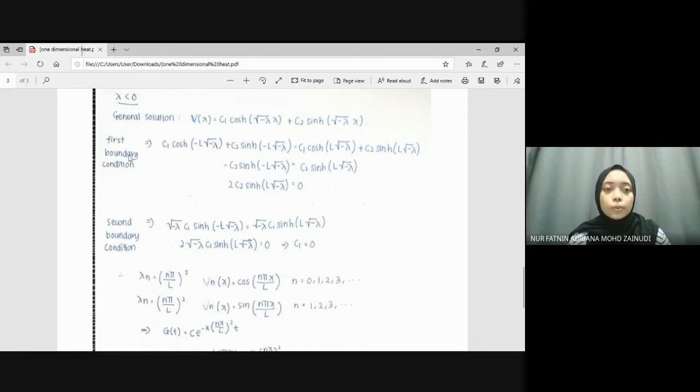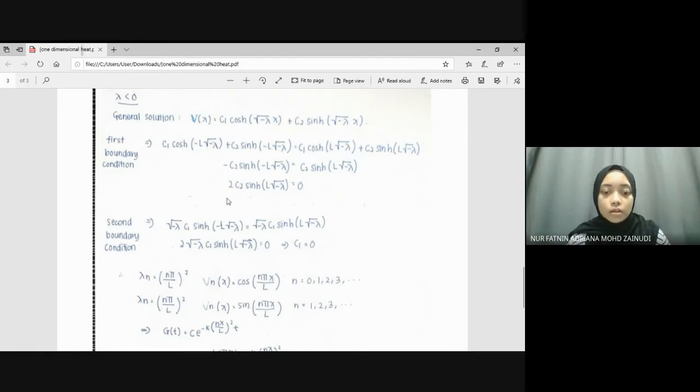So first we will apply the first boundary condition, which is C1 cos(-L square root negative lambda) plus C2 sin(-L square root negative lambda) is equal to C1 cos(L square root negative lambda) plus C2 sin(L square root negative lambda), and we will get 2 C2 sin(L square root negative lambda) is equal to 0.